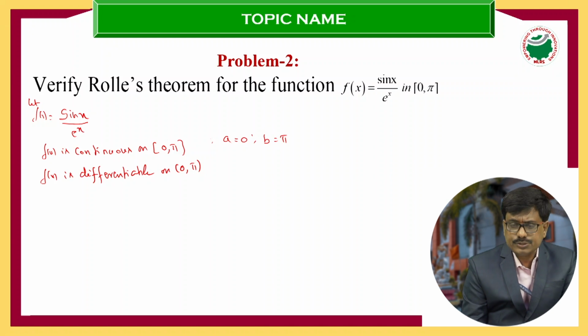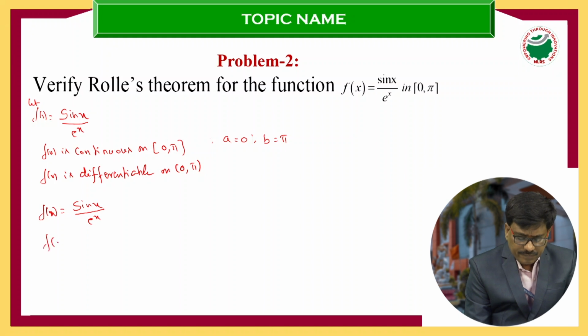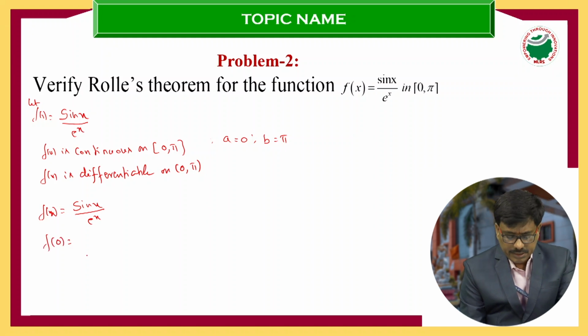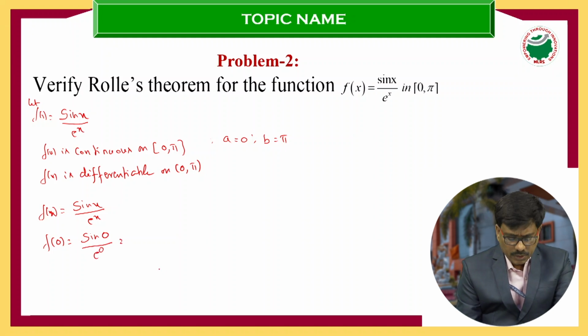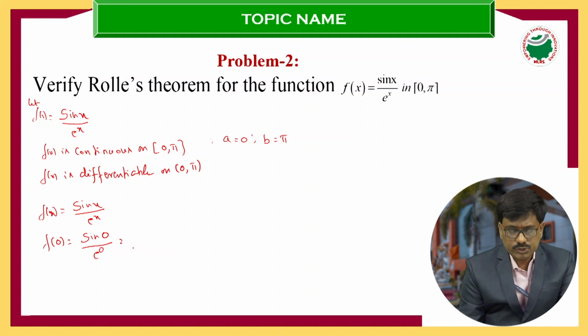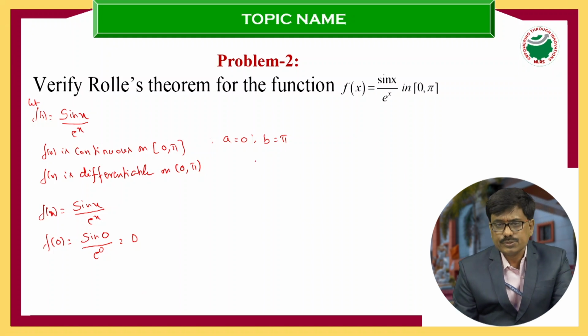Now, I am going to substitute the a and b values in this function. f of x is equal to sin x by e power x. Substituting a is 0, therefore sin 0 by e power 0. You already know sin 0 is 0, e power 0 is 1, therefore 0 by 1 is always 0. For the second condition, we need to substitute the b value.